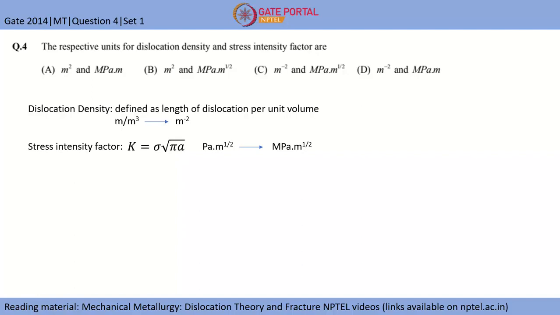So sigma will be Pascal or MPa, and A will be meter, and under root meter will be meter raised to power half. So the unit of stress intensity factor will be MPa root meter. So meter raised to power minus 2 for dislocation density and MPa root meter for stress intensity factor. So the correct option is option C.